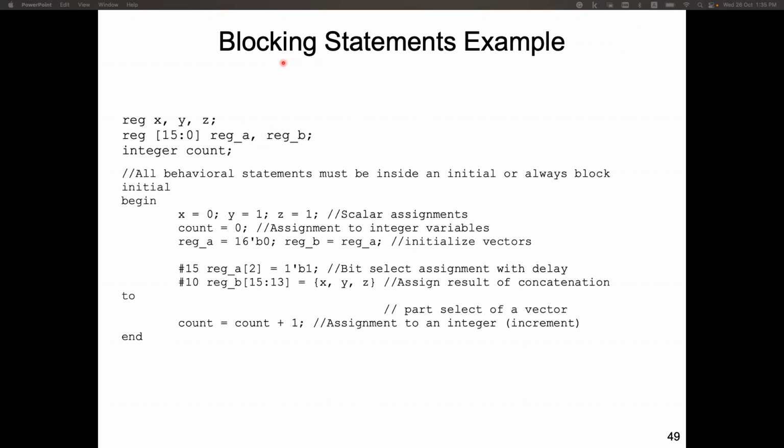This is another blocking statement example. We declare three registers, X, Y, and Z, 1-bit registers each. And registers A and B, each of them 16-bit registers, and an integer counter.